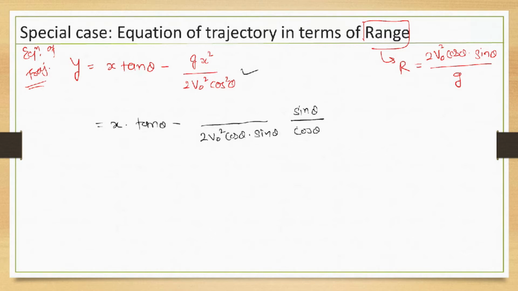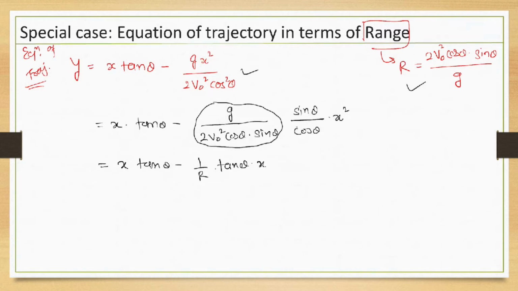In the numerator we require g, and x square is as it is. Now compare this equation, it is exactly the same. If you compare, g upon 2 v naught square cos theta into sin theta is 1 upon R. So put this value: x tan theta minus 1 upon R into sin upon cos, which is tan theta, into x square.